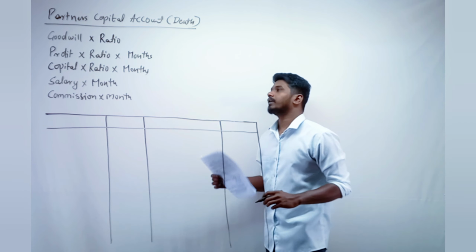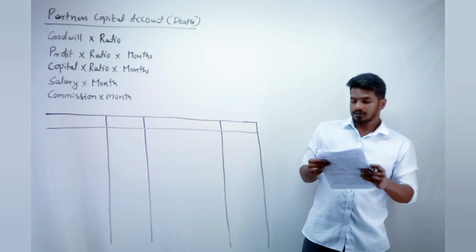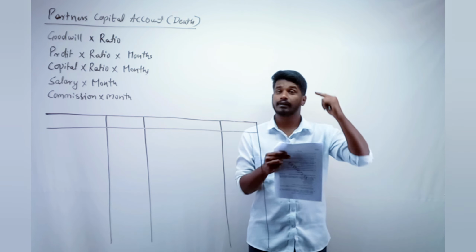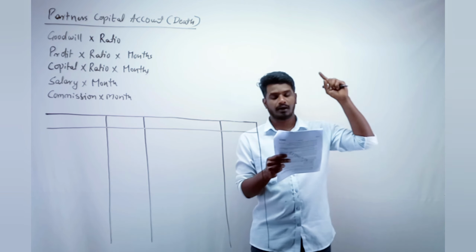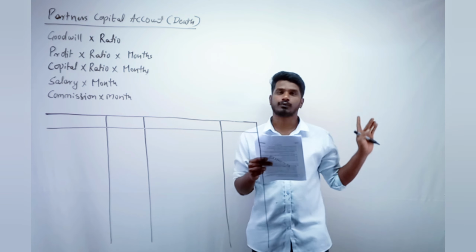First thing, while solving partners capital account, what we will see is the ratio. Shobha, Sudha, and Ratna are partners sharing profit and losses in the ratio 2:2:1.